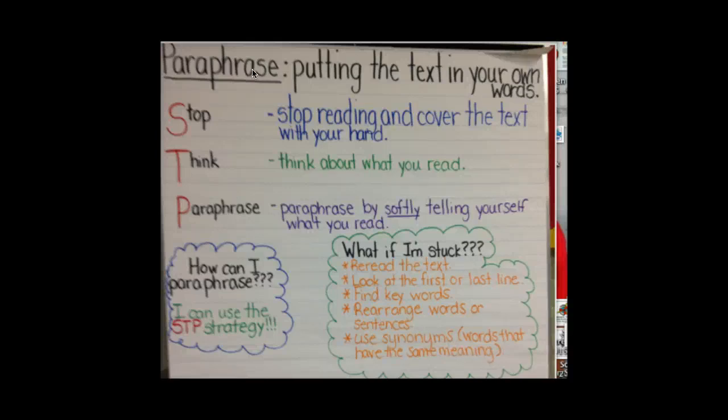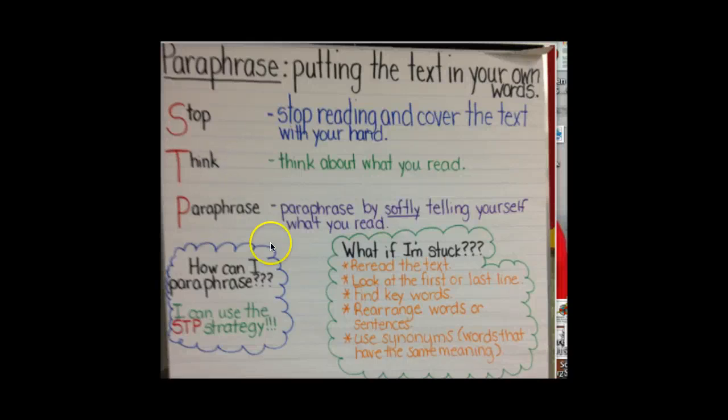One way to do that is to think of this acronym, STP: Stop, Think, Paraphrase. So as you're reading your text, when you finish reading the words, stop what you were reading and just cover up the text with your hand or close your book. Don't look at it, and think about what it is that you have read.